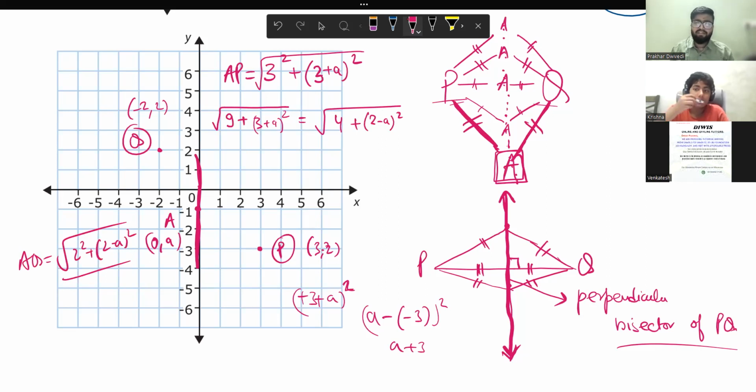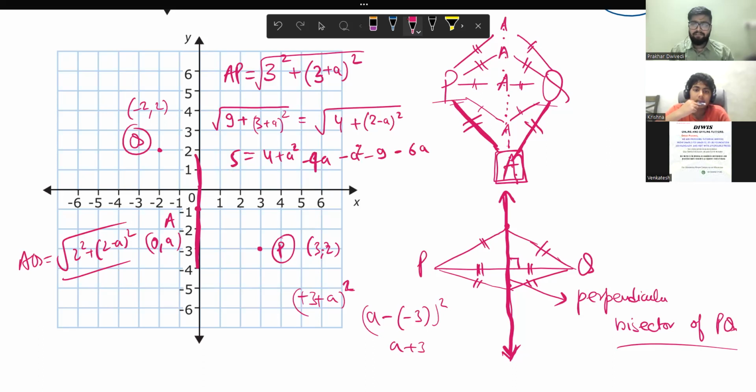Now the square roots will get cancelled out. We will get 9 minus 4, which is 5 here. And here we are getting 4 plus a squared minus 4a. When we bring this here, we get minus a squared minus 9 and minus 6a.